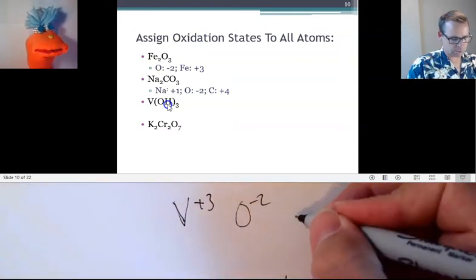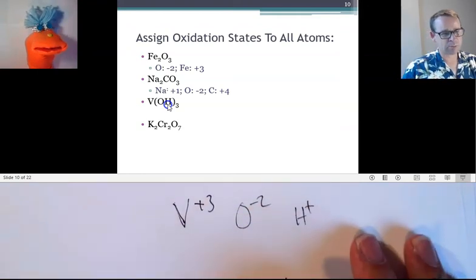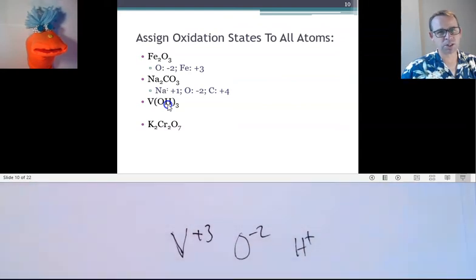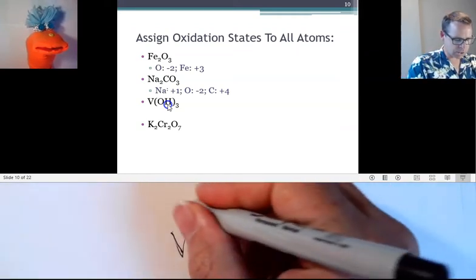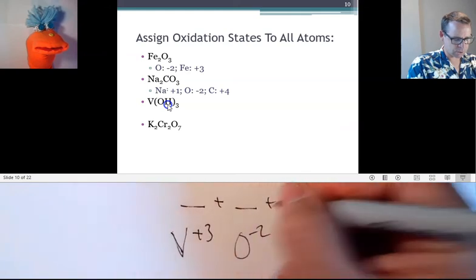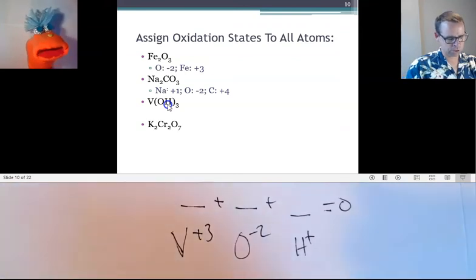Very good. Now, does that fit our rules? What rule? Well, we have to make sure that the sum of all the oxidation numbers adds up to the charge on the species. There's no charge on this species, so that's 0. How many oxygens? 3 at -2, so it contributes -6.